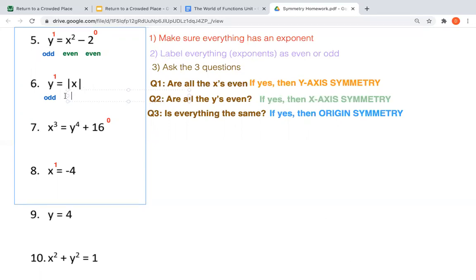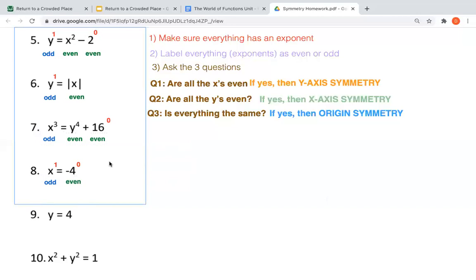That is always considered even. Here we have 3 is odd, 4 is even, 0 is even. And then lastly, this is missing a 0. 1 is odd, 0 is even.